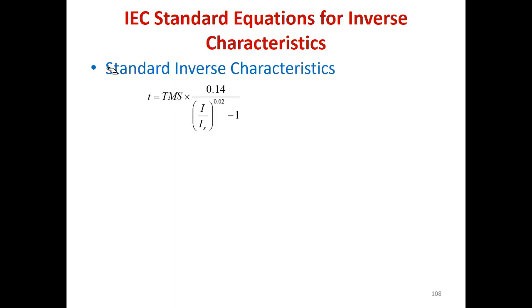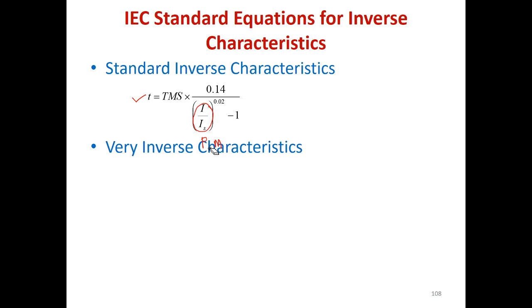So let us consider the standard inverse characteristic. What is a standard inverse characteristic? This is the IEC standard, and the relay operating time is given by this equation: TMS times 0.14 divided by (I by IS), which is nothing but your plug setting multiplier, we call it PSM, to the power 0.02 minus 1.